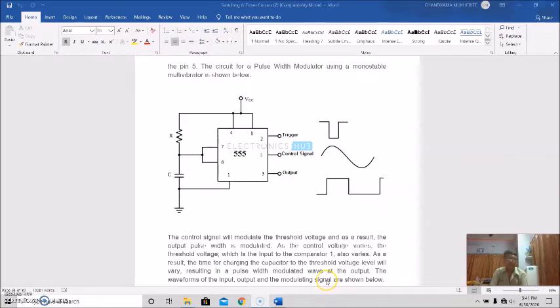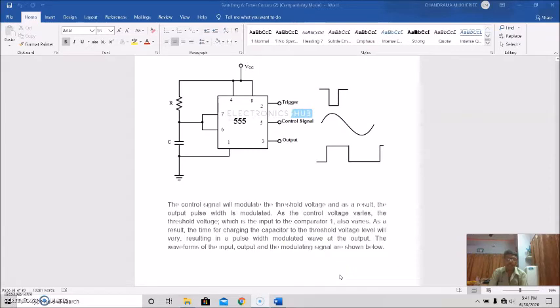With the control voltage, the threshold voltage, which is the input to comparator 1, also varies. And as a result, the time for charging the capacitor to the threshold voltage level will vary, resulting in a pulse width modulated wave at the output.